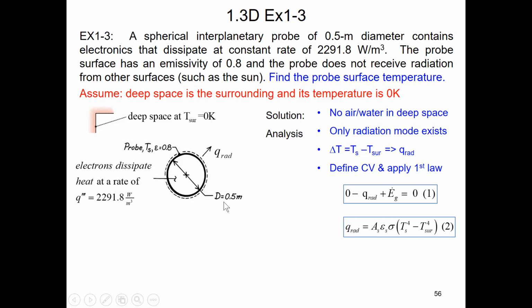Since we know the diameter, we can calculate the area As, which is 4 pi r squared. We know epsilon, which is 0.8. Sigma is a constant. We have an unknown here. We know the surrounding temperature. So this is good because it contains our unknown.